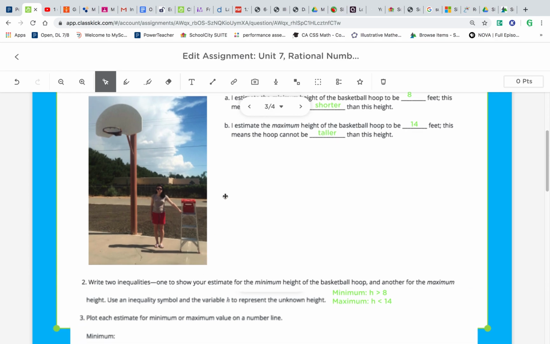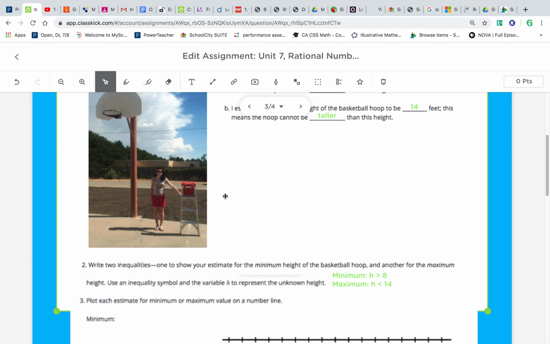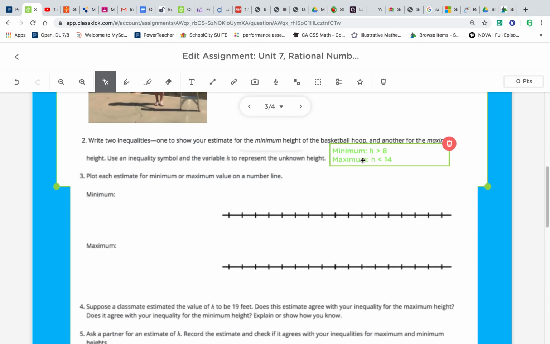All right, number 3. Plot each estimate for minimum or maximum value on a number line. So we can just use these inequalities here to plot. So h is greater than 8. We just have a blank number line, so we need to put 0 somewhere on there. I'll just put 0 here.